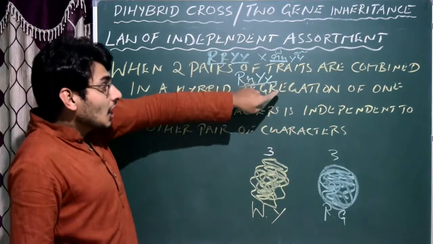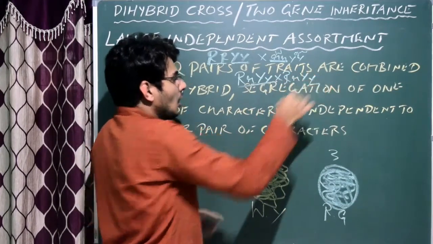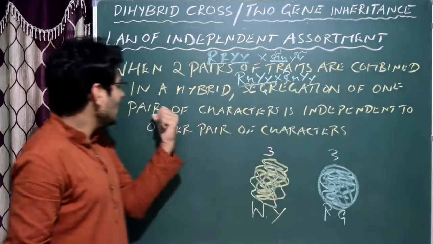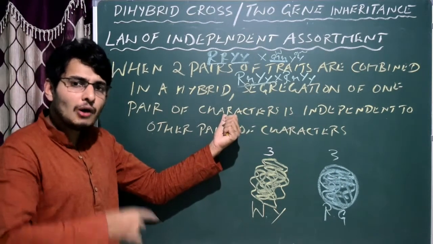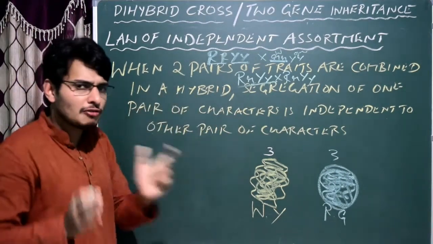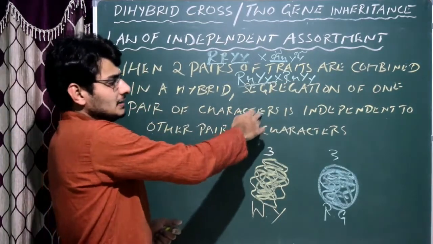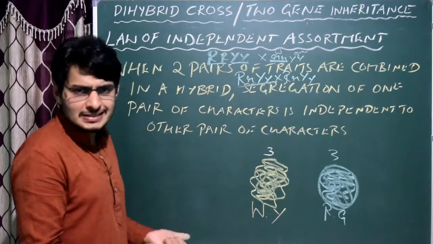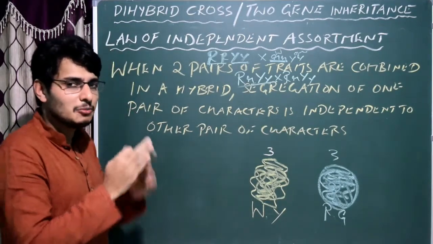Okay. So now when we self it, segregation of one pair of character, I'm talking about one pair of character, that is round or yellow. Okay, segregation of round or segregation of yellow. Okay, so one pair of characters is independent. They are obviously independent. Now you can recall the law of segregation, like I said about the gametes.